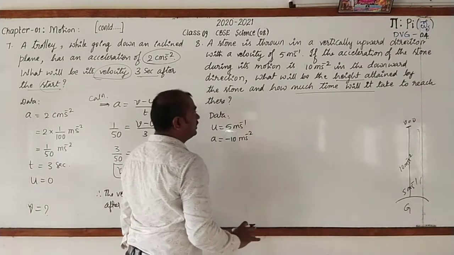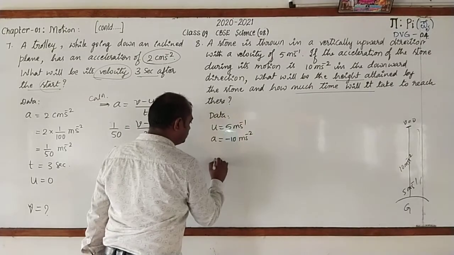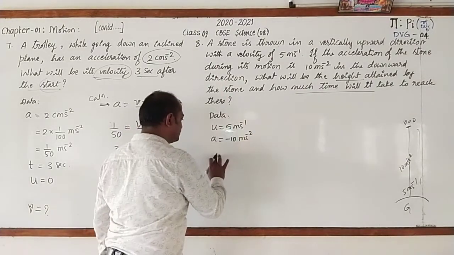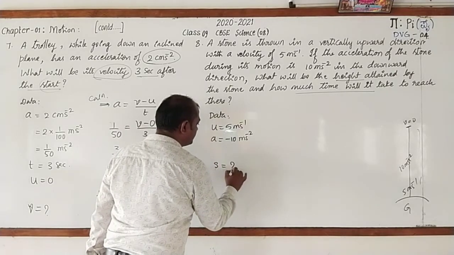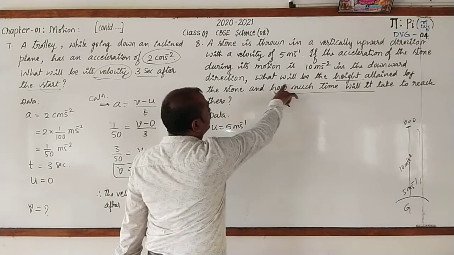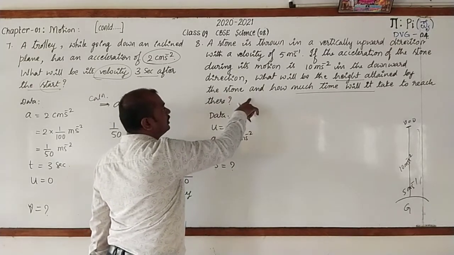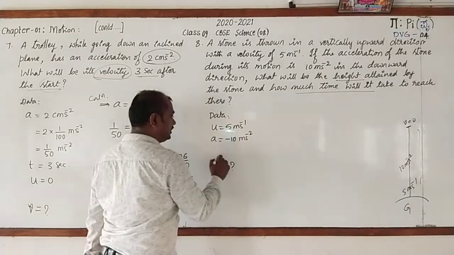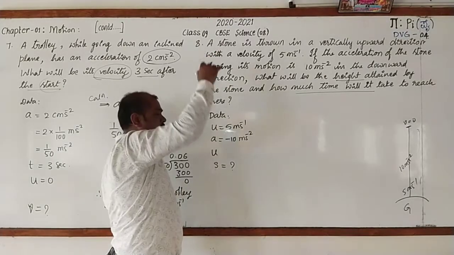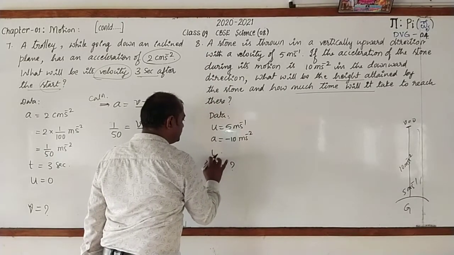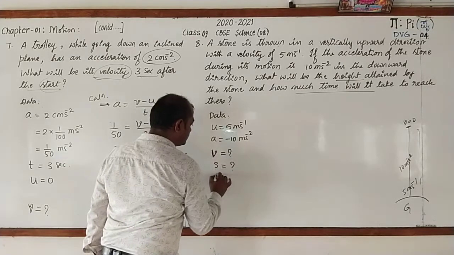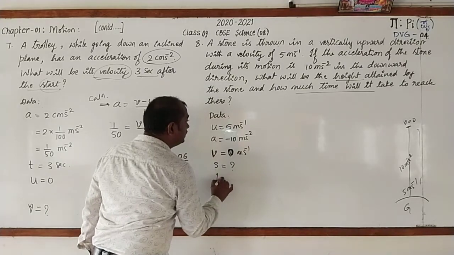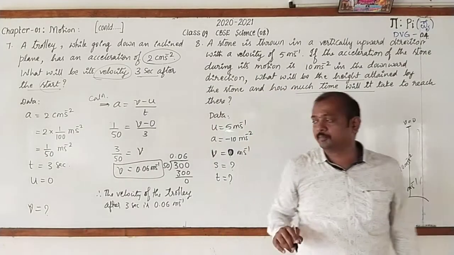What will be the height attained by the stone? That height can be taken as that distance, S. And how much time will it take to reach there? So when it reaches the highest point, its final velocity will be 0. V equal to 0 meter per second. And here you are going to find out the time.